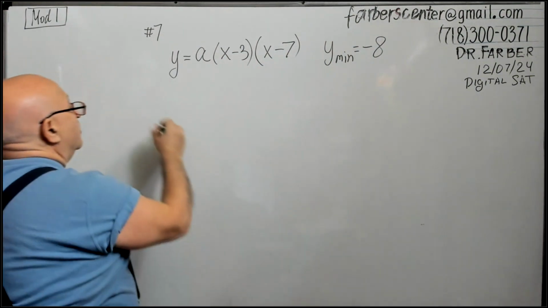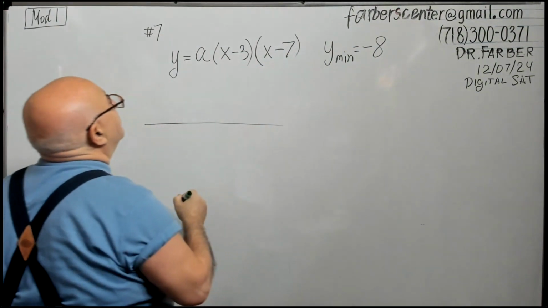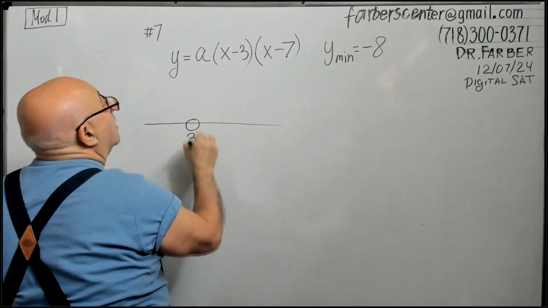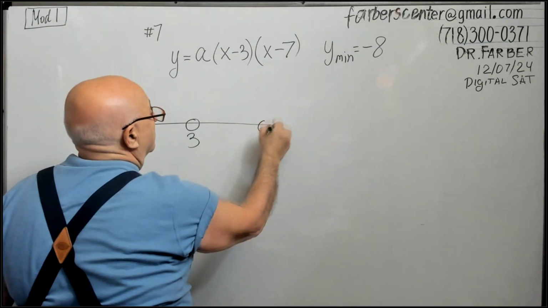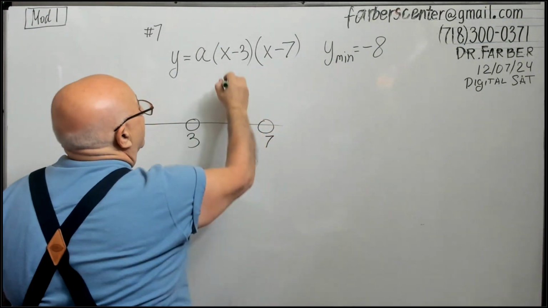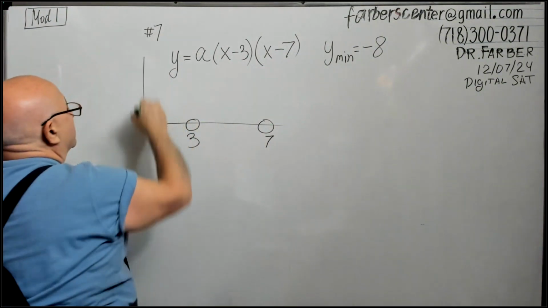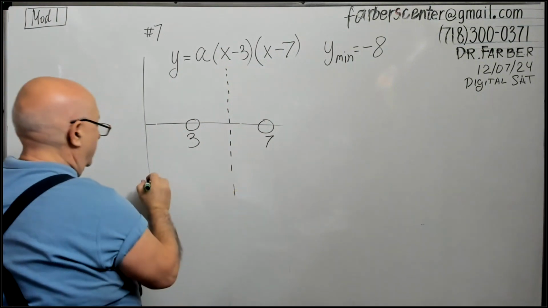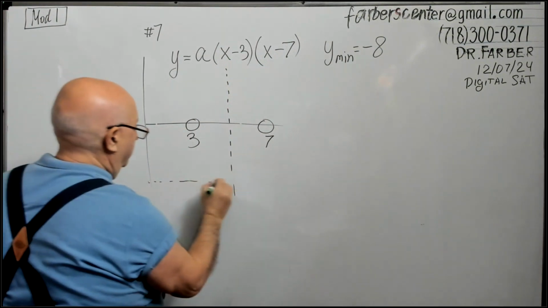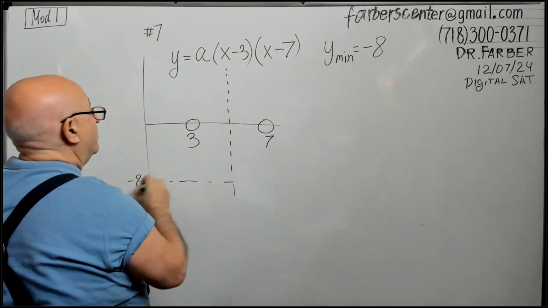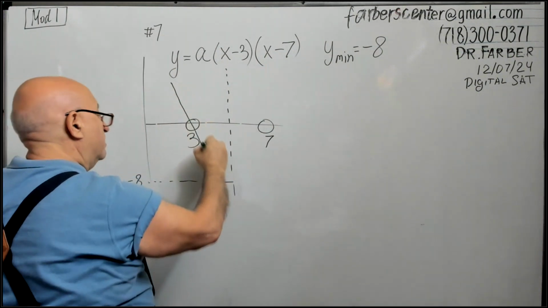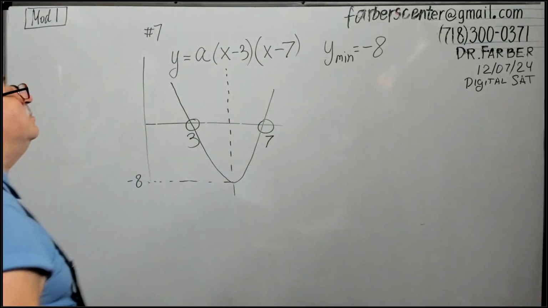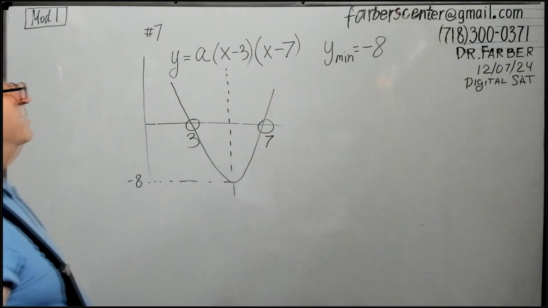Well, you know, this is parabola, and this x equals to 3, and this is 7. If I build this, pretend this Cartesian coordinate somehow, and this is line of symmetry, and this is negative 8, and parabola go this way. I just illustrate this, right? You can easily find what?